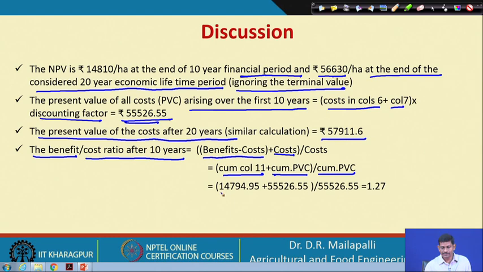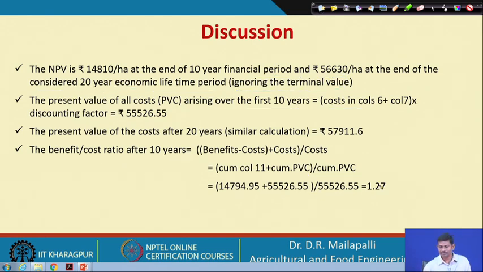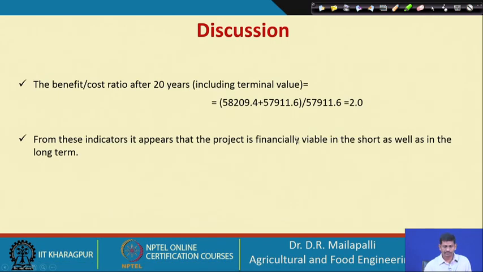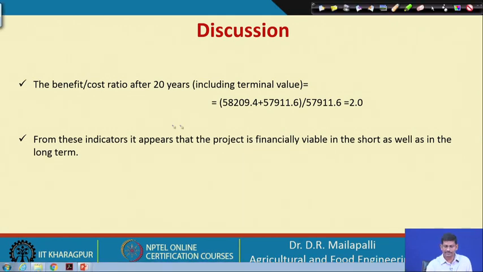From the table you get column number 11 for the 10-year period, that is 14,794.95 plus cumulative PVC, that is 55,526.55, divided by the same, you get 1.27 for 10 years. The benefit cost ratio will be 1.27 for the 10-year period. Similarly, for the 20-year period, you can also estimate the benefit cost ratio. That will be like 2.0.